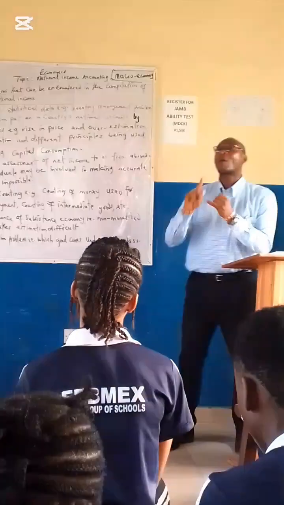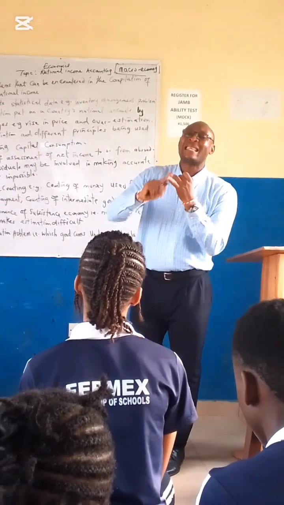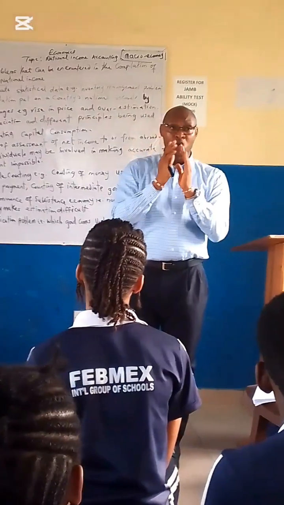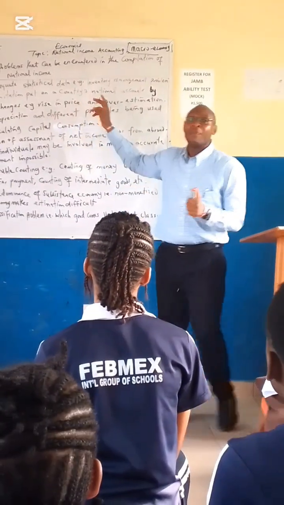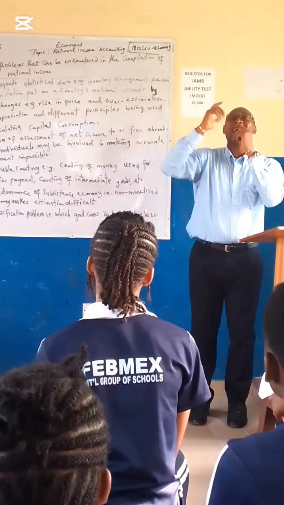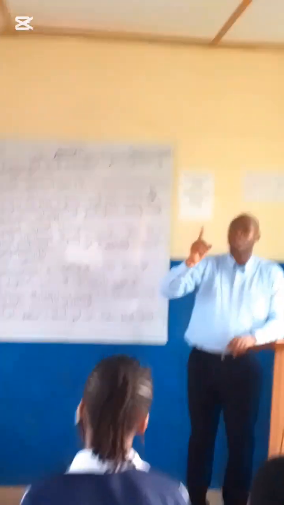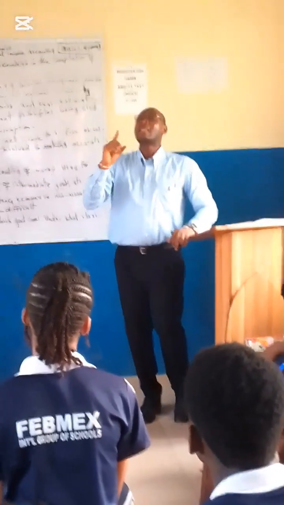So the problem of double counting, we do not have that in national income, or counting of intermediate products or goods. National income only calculates the final goods and services that have been produced in a given economy during a year.